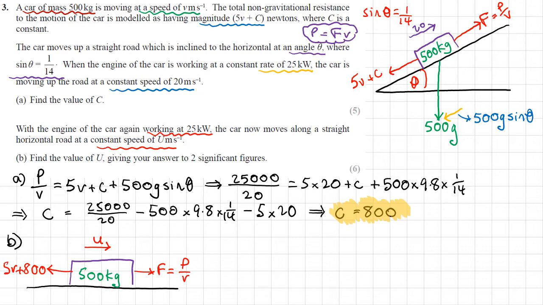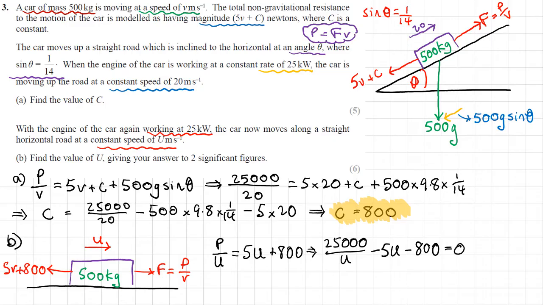So let's start by writing our equation. The tractive force is P over V, which is actually u, that's the velocity it's travelling at, equal to 5u, we replaced all the V's with u, plus 800. Now we know that the power is 25 kilowatts over u, and then we'll rearrange it, minus 5u minus 800 is equal to 0.